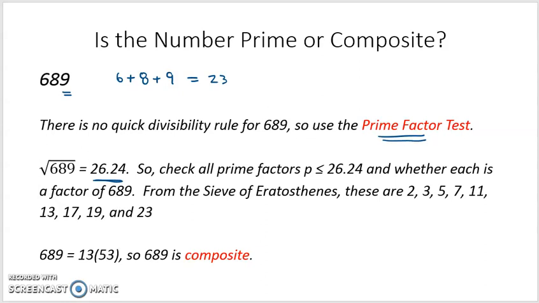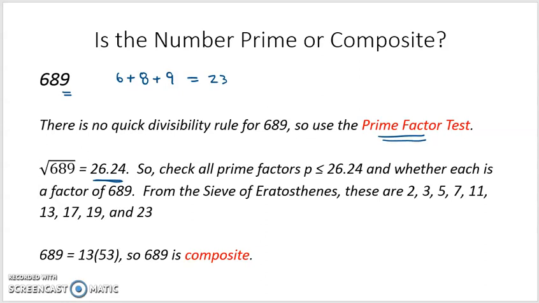And that's all we need to check. Why don't we need to go bigger than 26? Well, the square root is sort of like halfway in terms of all the factors of 689. If you have a factor that's greater than 26, its partner, its pair, is going to be less than 26. So we only need to check prime factors up to 26.24.